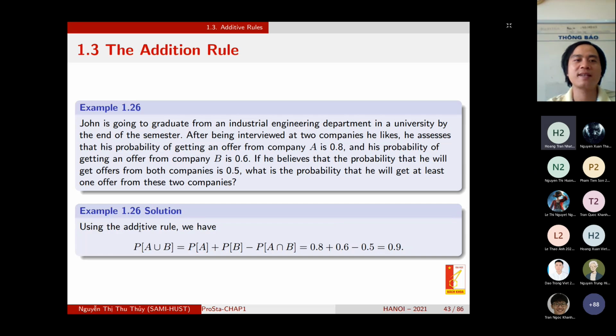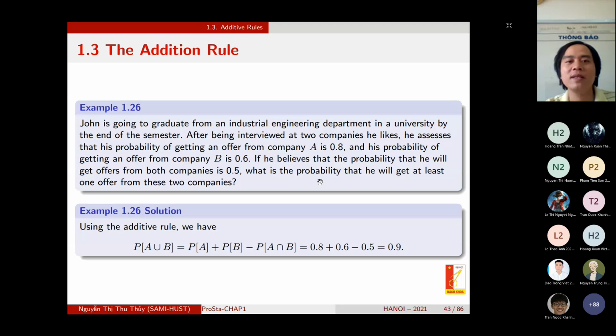The solution is that, like Mr. Nhật Minh said, we have the assumption that John gets the offer from company A is 0.8. So if we call A the event that he gets an offer from company A, so P of A is equal to 0.8, okay?